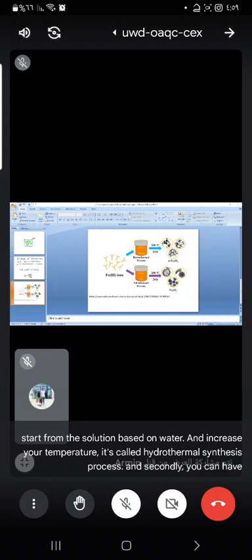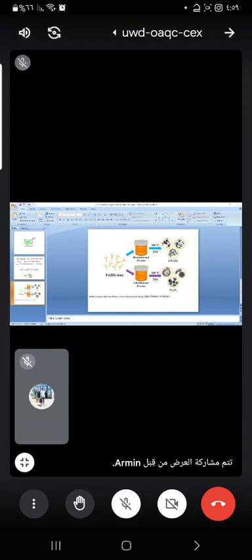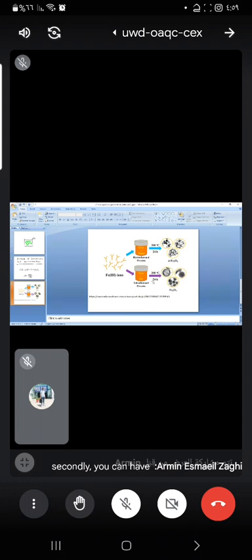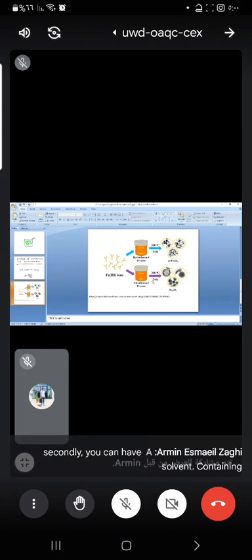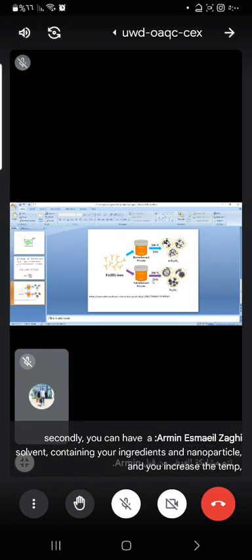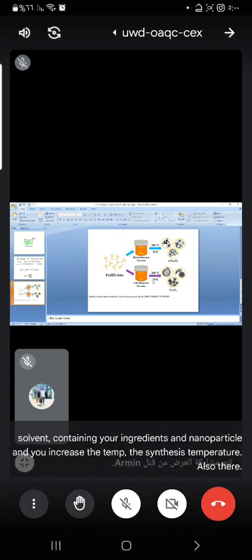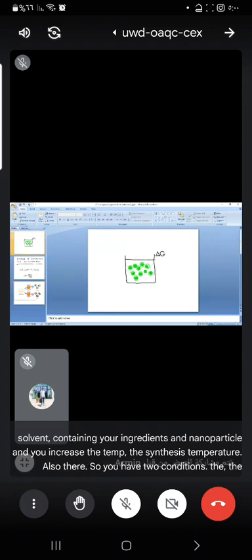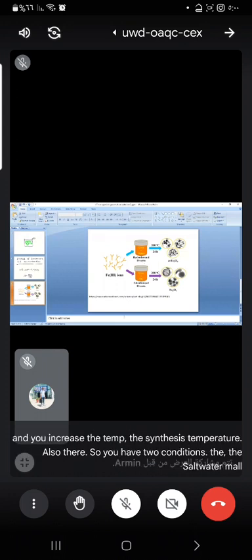And secondly, you can have a solvent containing your ingredient and nanoparticle, and you increase the synthesis temperature there also. So you have two conditions: the solvothermal and hydrothermal conditions.